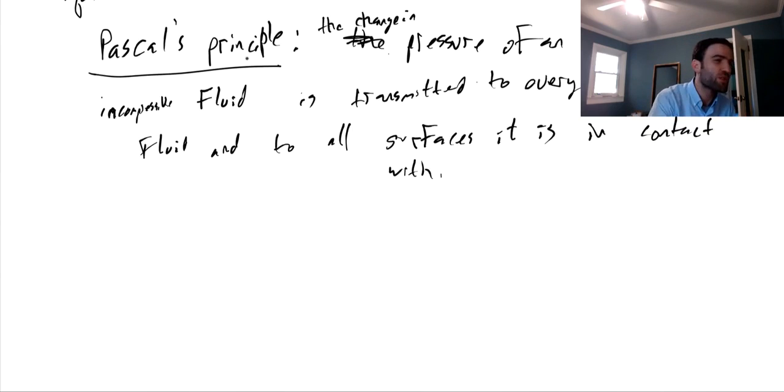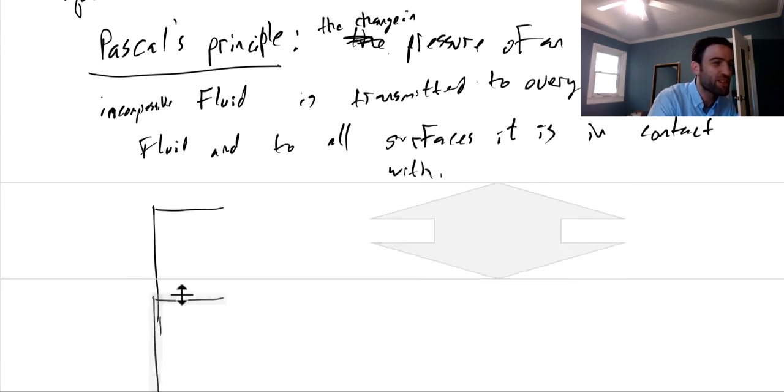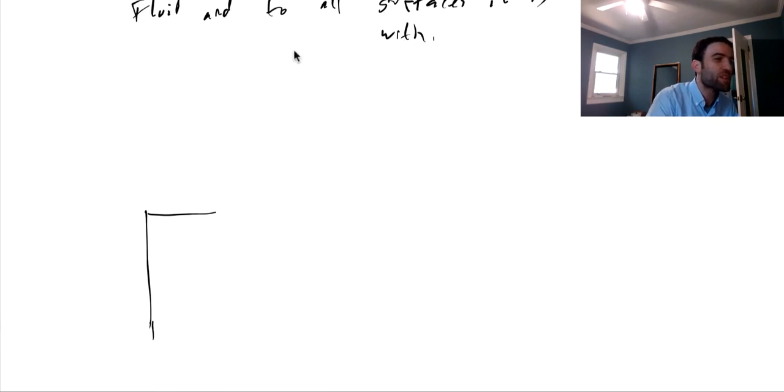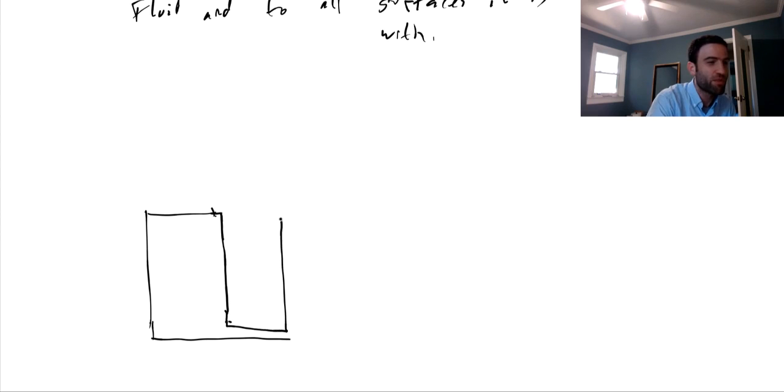So suppose I've got a setup kind of like this, and I'm going to need more space, so let me give it to myself. I have a tank like so, connected by a thin pipe to a much smaller, much narrower pipe.